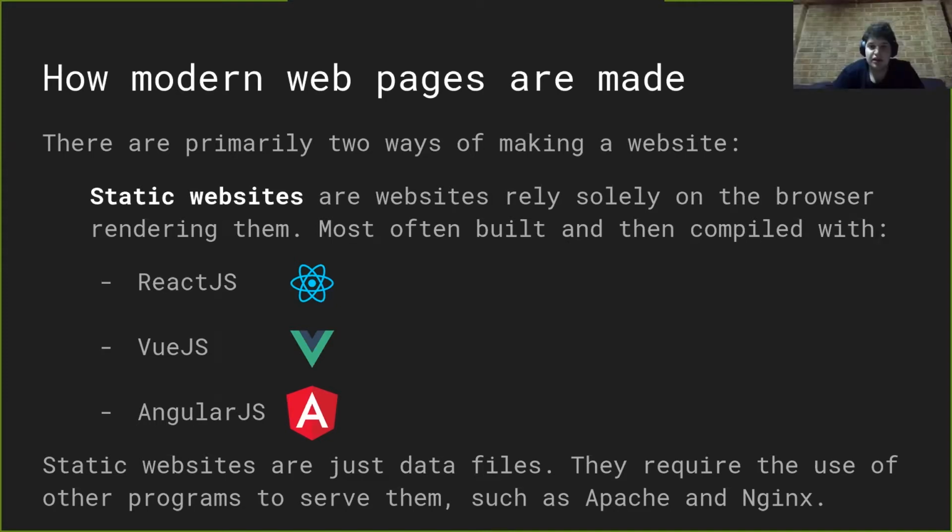They are typically built in a JavaScript framework like React, Vue, or Angular. This is what you get if you want to do anything like GitHub pages, for instance. These sorts of websites, because they are basically just files, do require a secondary program to actually serve them. This is typically something like Apache or Nginx.